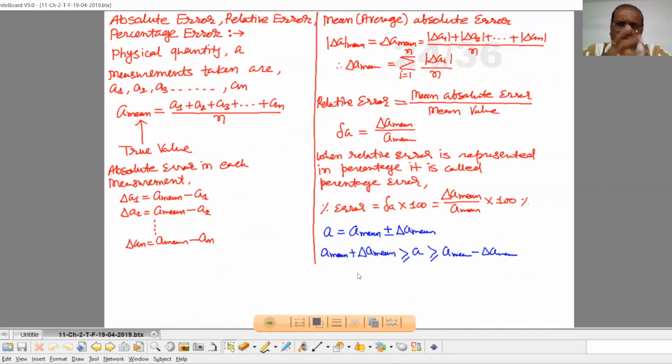Suppose I take the observation and I say this thing, 22nd division of vernier scale is perfectly coinciding with the division of main scale.